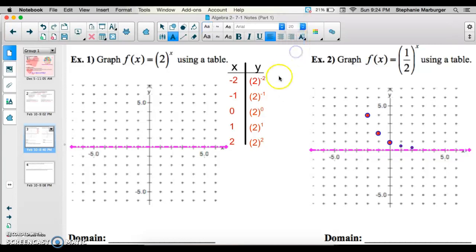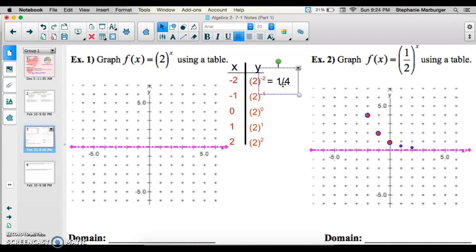And if you don't know, use your calculator. Because 2 to the -2nd power actually equals 1/4. So 1/4 would then be your y coordinate. So you'd have the ordered pair -2, 1/4.